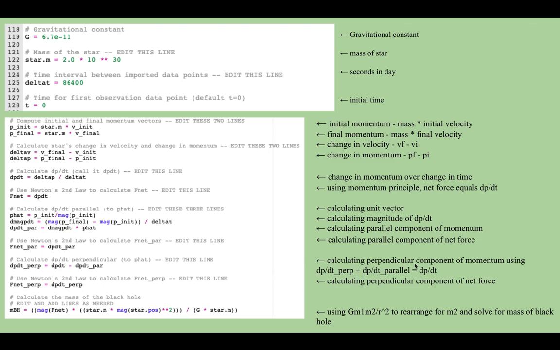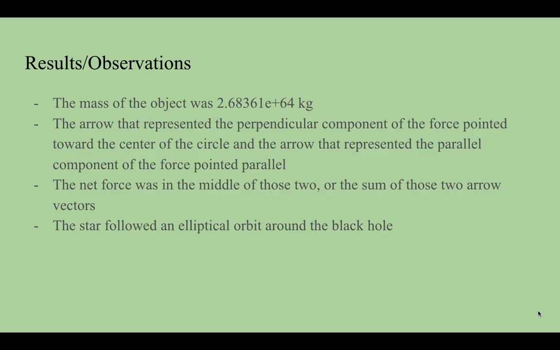And here we calculate the perpendicular component of momentum change using dp/dt perpendicular plus dp/dt parallel equals dp/dt. And so here we calculate the perpendicular component of net force, and using the law of universal gravitation, we know that the gravitational constant times m1 times m2 over r squared is equal to the net force, and once we rearrange for m2, we can solve for the mass of the black hole.